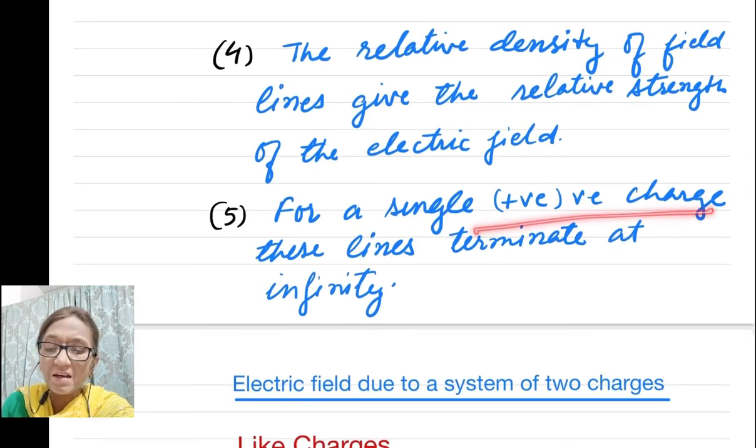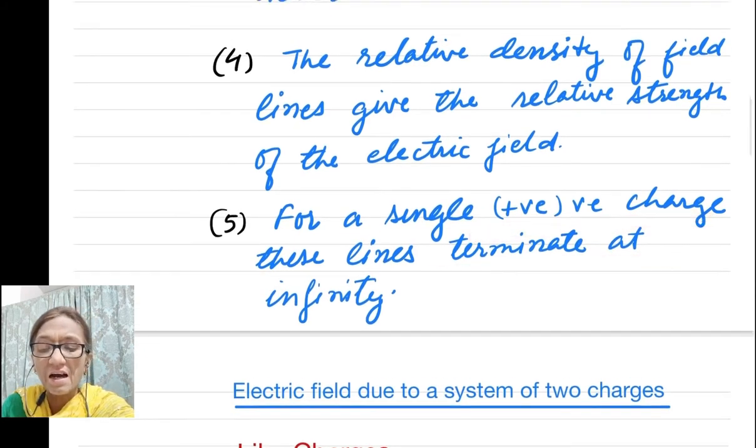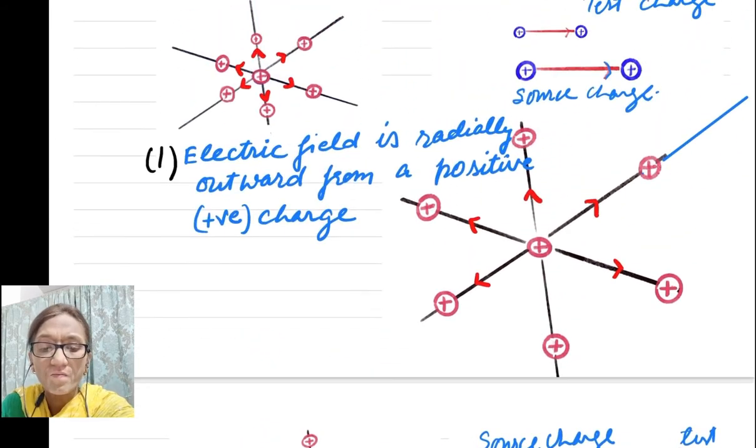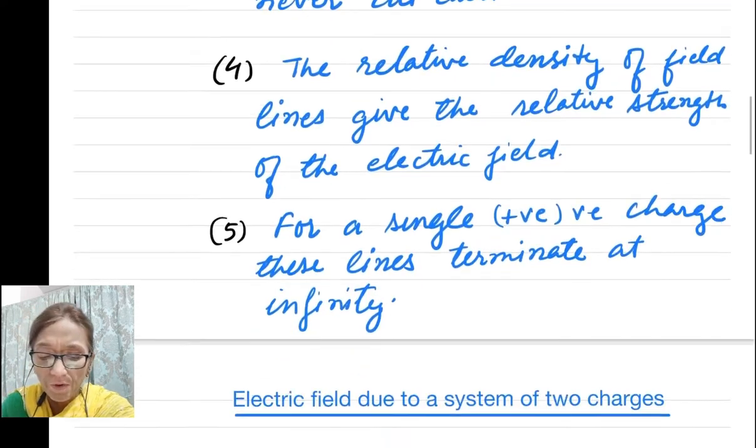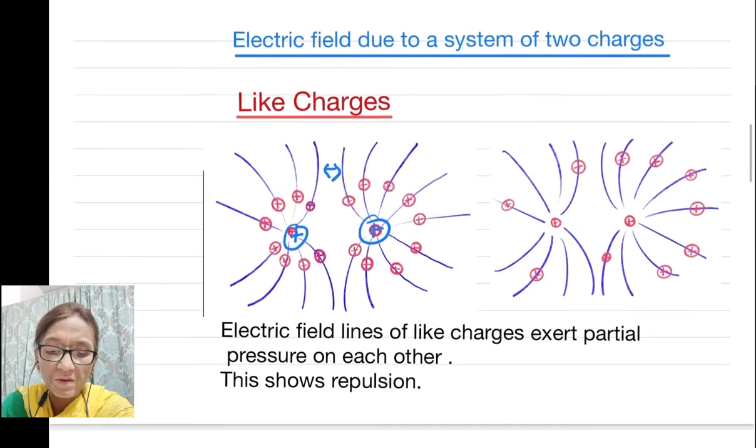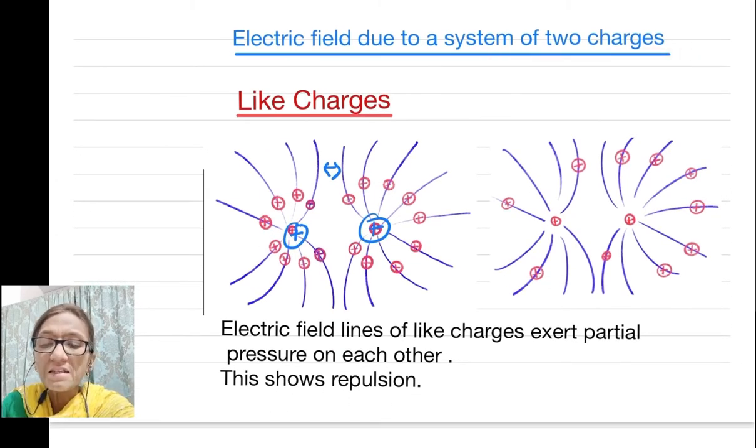Now for a single positive charge, these lines terminate at infinity. These lines continue up to infinity for a single point charge. But if you have a system of two charges, and if the charges are like charges, meaning they are either both positive or both negative, then what happens?